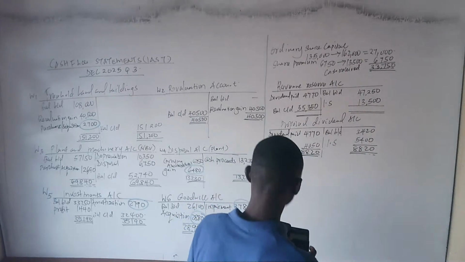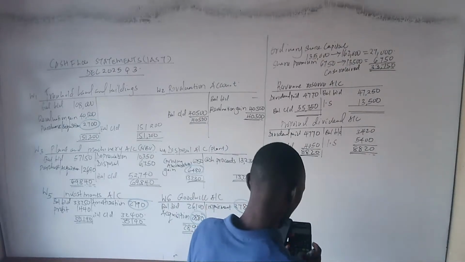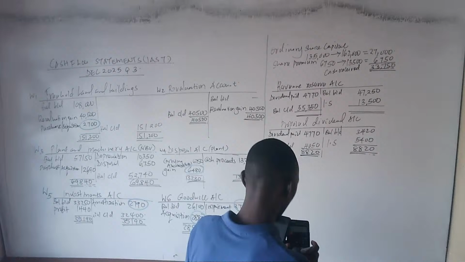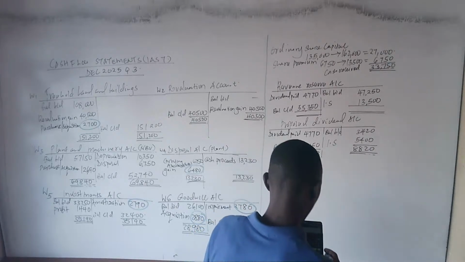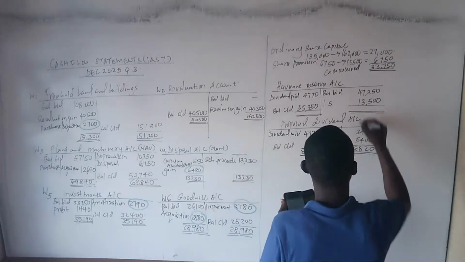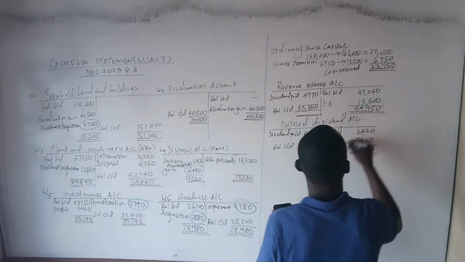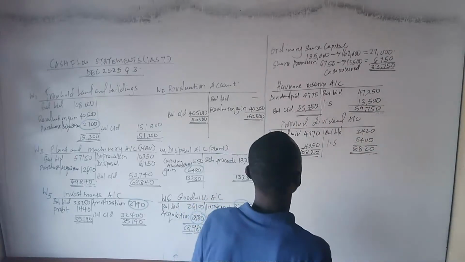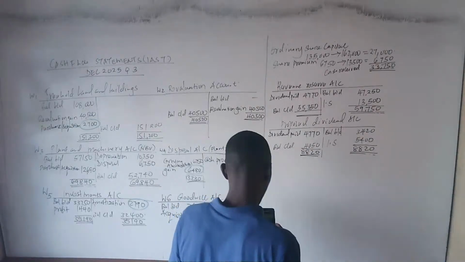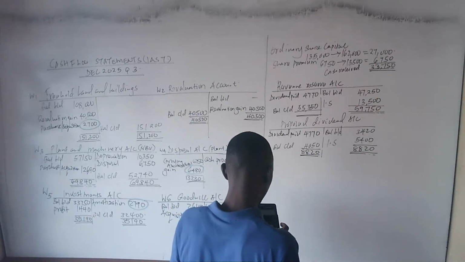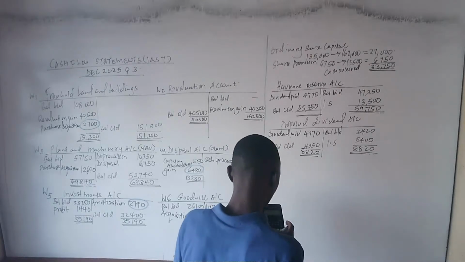Therefore, let us try to balance our account and see how much we are going to get. When we take 47,250 and add 13,500, we get 59,750. And then let us look at this one. It will be 4770, then from there 55,350.